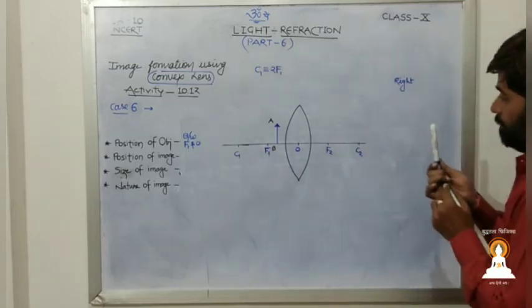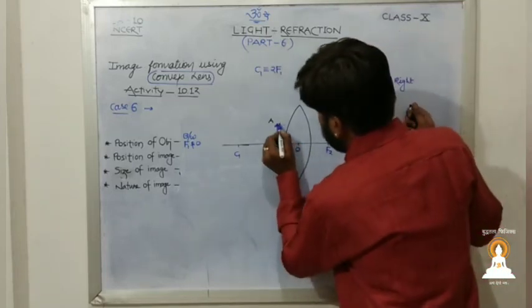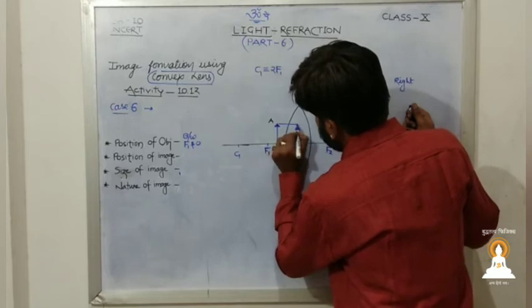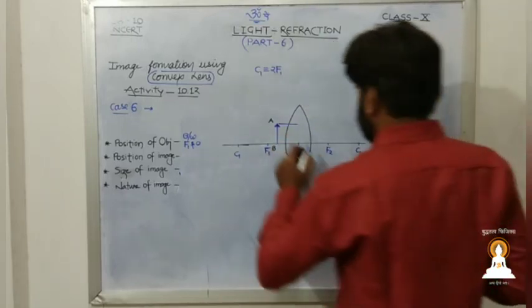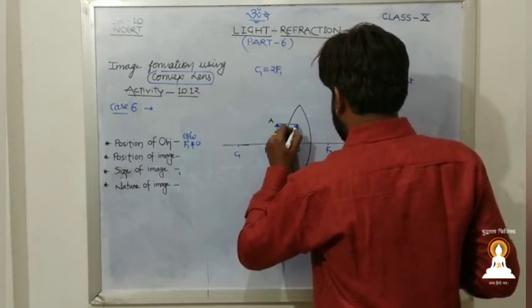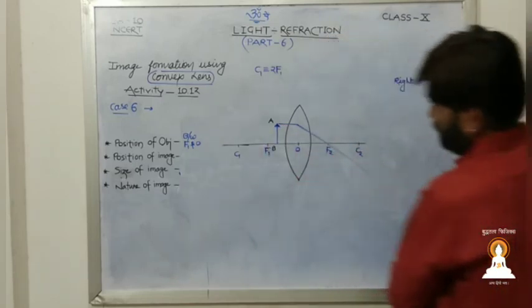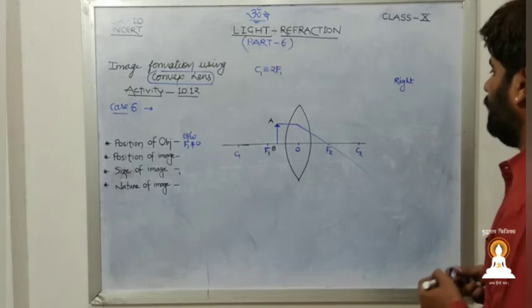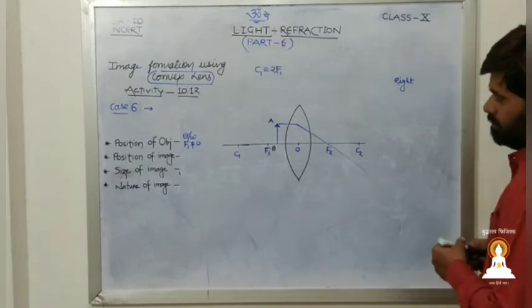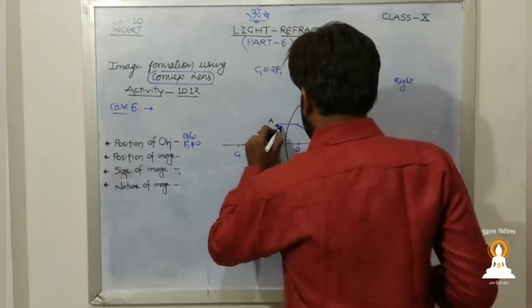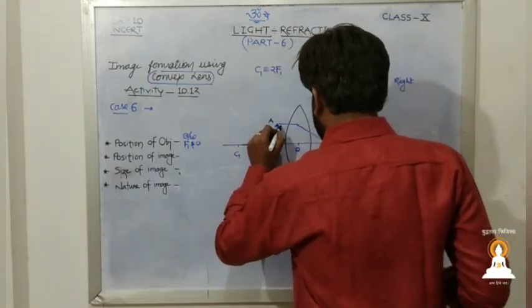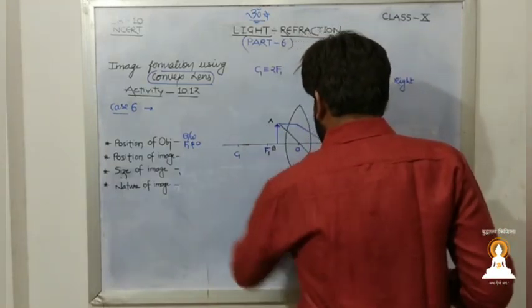Okay, so let us apply rule number 1. Rule number 1 says light which is parallel to the principal axis, just after refraction, will pass through the focus. Now the second one: a light ray which is passing through the optical center will move straight.